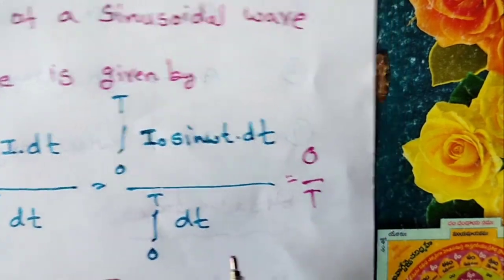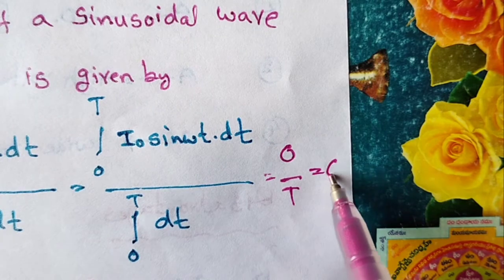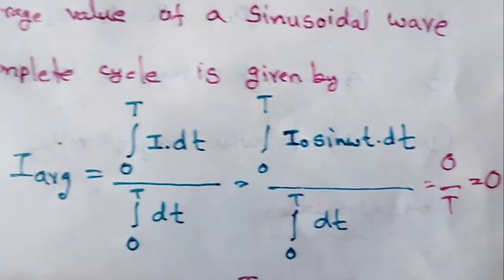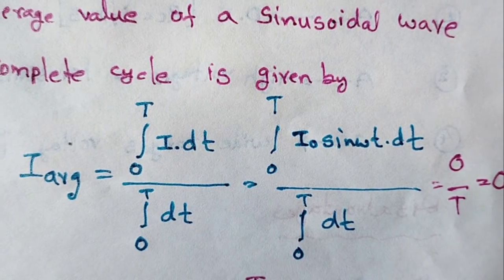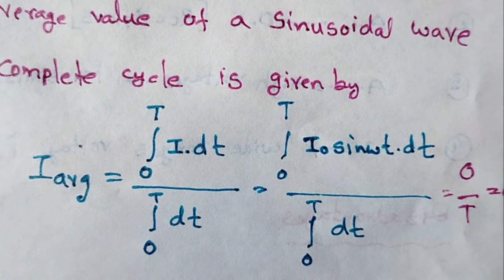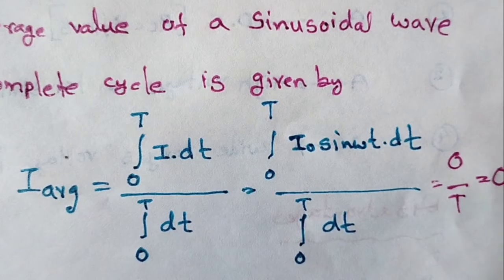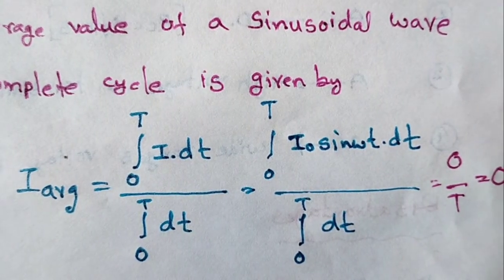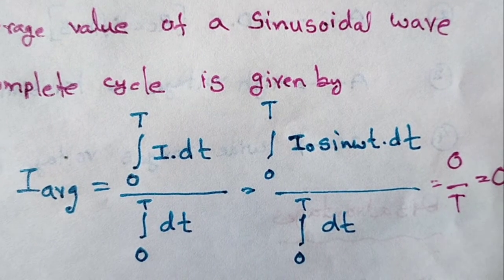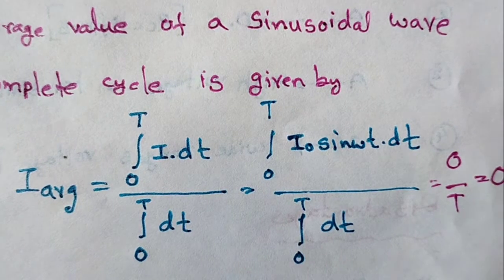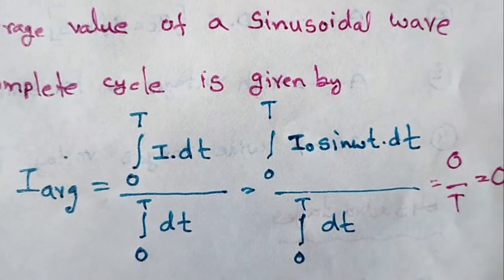So 0 by T is equal to 0. Therefore the average current in the circuit will be 0. This is called the average value of the AC current.